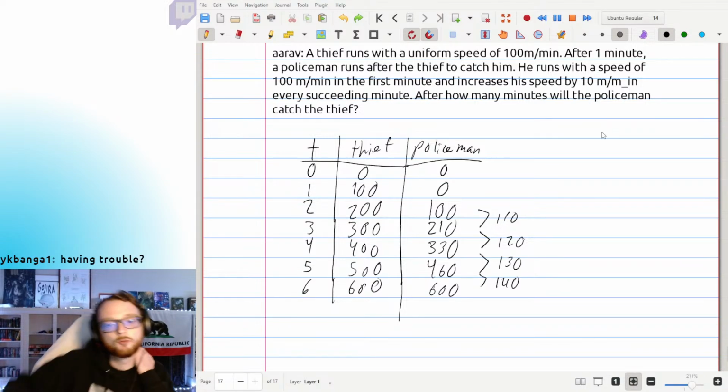That's the sum of an arithmetic progression. Oh, yeah. Okay, because in the differences, we're adding 10 each time, but the actual column is the sum of those. Okay.